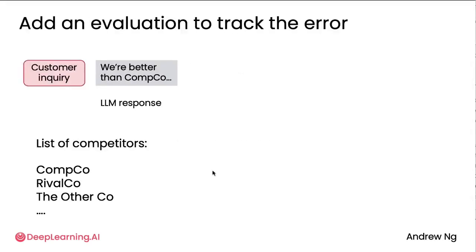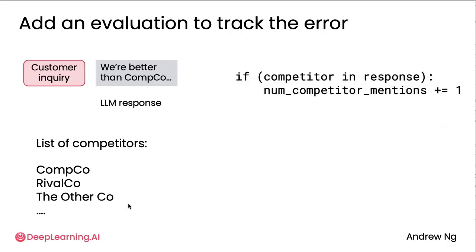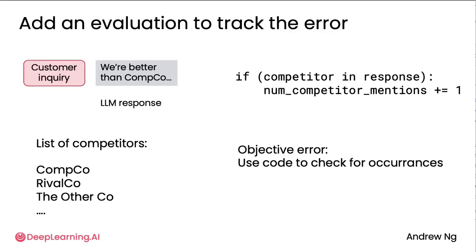So if you have a named list of competitors like CompCo, RivalCo, the other co, then you can actually write code to just search in your own output for how often it mentions these competitors by name and count up, as a fraction of the overall responses, how frequently it mistakenly mentions competitors. One nice thing about the problem of competitor mentions is it's an objective metric, meaning either the competitor was mentioned or not. And for objective criteria, you can write code to check for how often this specific error occurs.